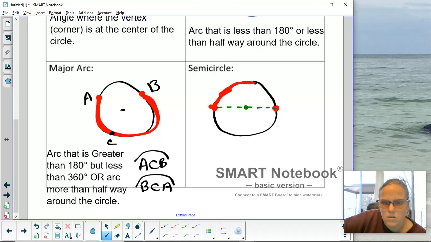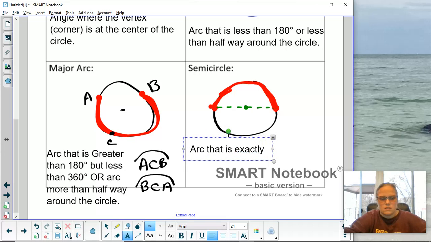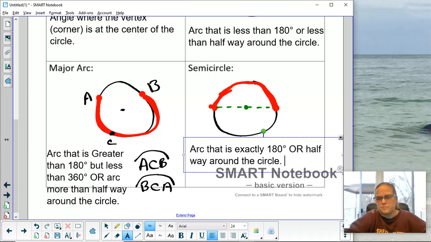So this one is an arc that is exactly 180 degrees, or halfway around the circle.